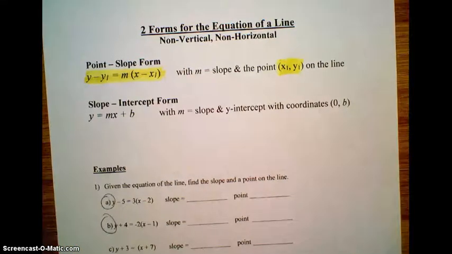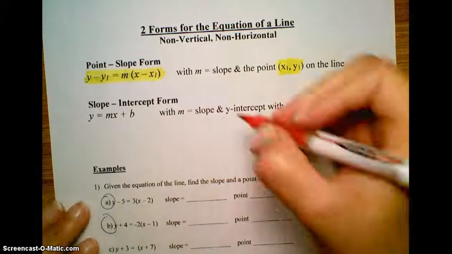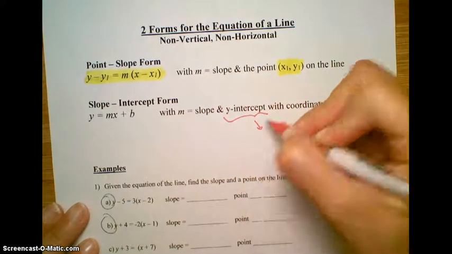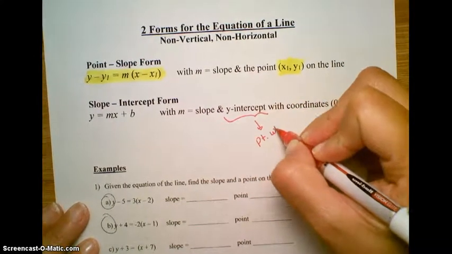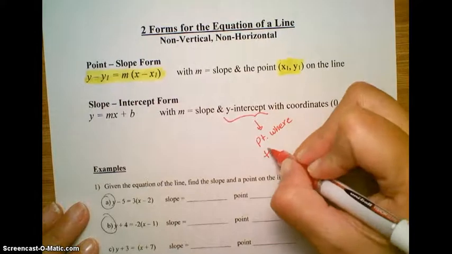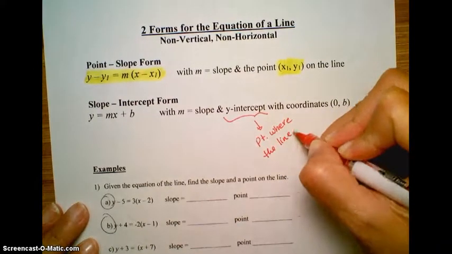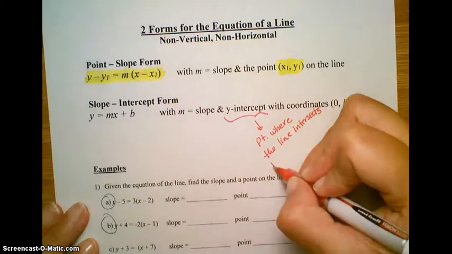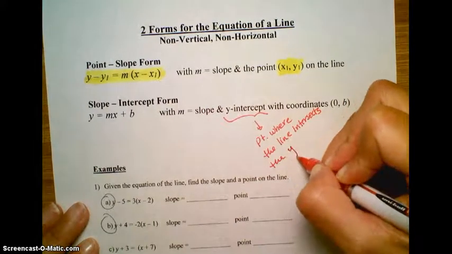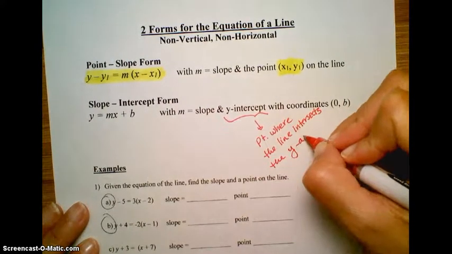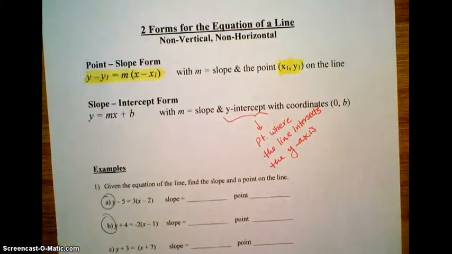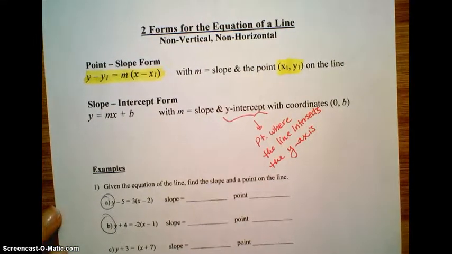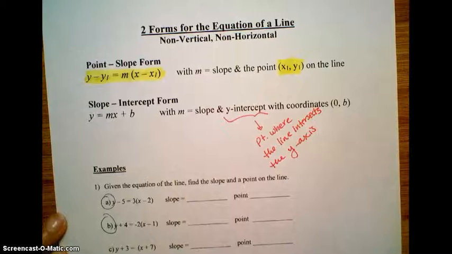Do keep in mind that a y-intercept, again, is the point where the line intersects the y-axis. Okay? And by the same token, an x-intercept will be the point where the line intersects the x-axis.